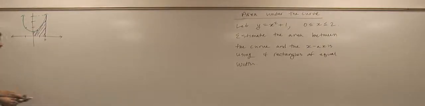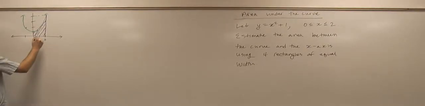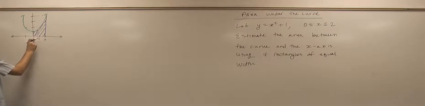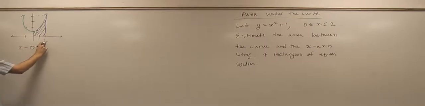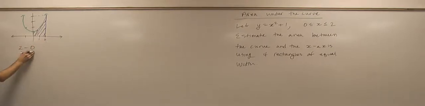So the idea is, in order for my rectangles to be equal width on the interval 0 to 2, how wide do they have to be? You have a total distance of 2 minus 0 to cover. You can always do your right endpoint minus your left endpoint to get the total distance you have to cover, and then divide by the number of rectangles you want.